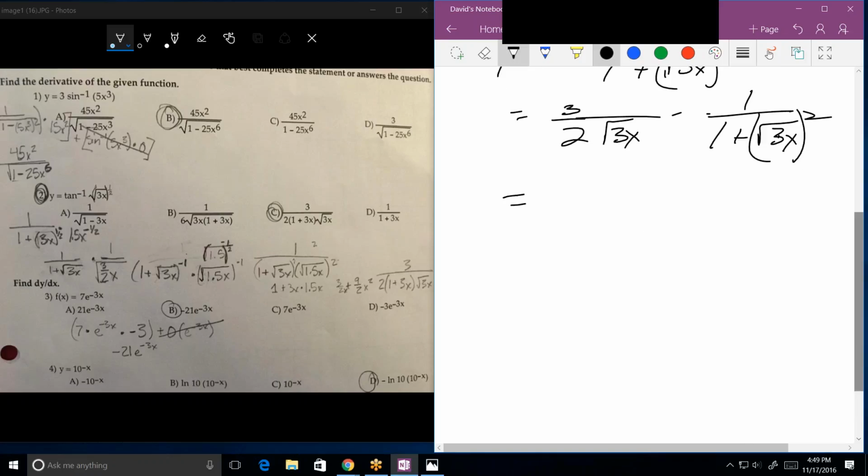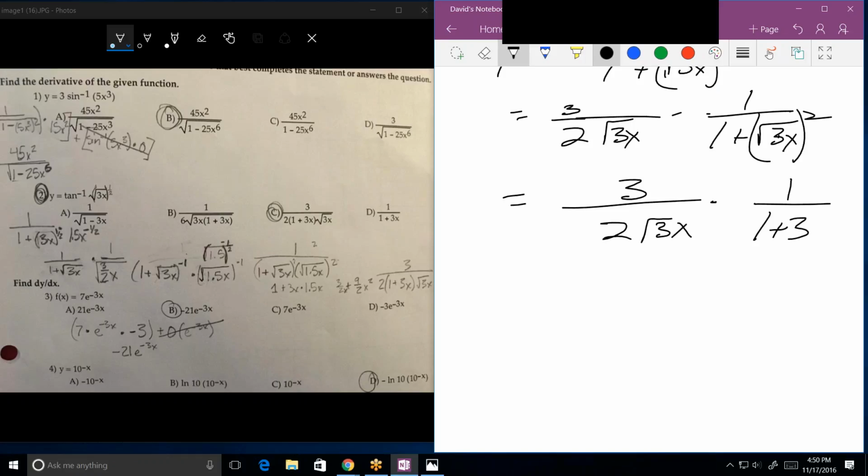That is 3 over, let's see, the square root of that squared is just 1 plus 3x. So let's see, I got this times 1 over 1 plus 3x.